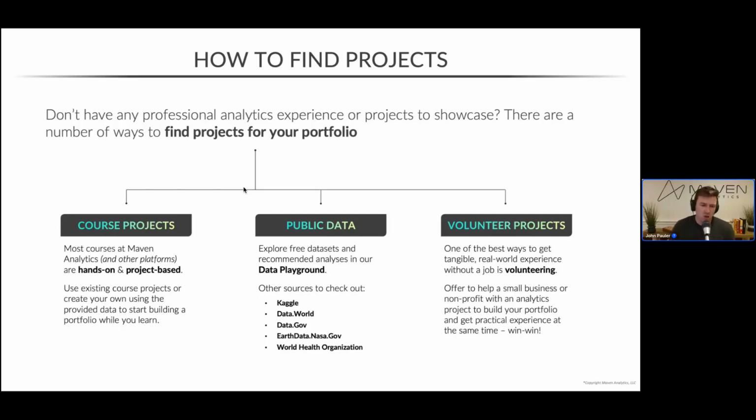So anything that you really want, Kaggle and data.world will get you there. Whereas Maven Analytics Data Playground is phenomenal for learning, but it's a much smaller curated set of data. And so we're not going to have every single thing under the sun like those will.